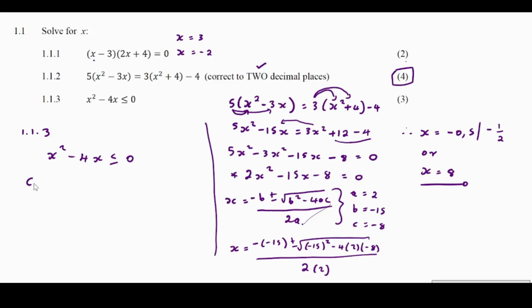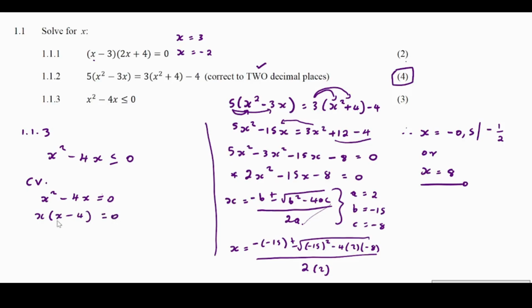Okay, most importantly, critical values. Finding your critical values of this one, x squared minus 4x, put it equal to 0. Factorize x because you don't have the value of c here, so you can just factorize x. You'll be left with x minus 4.